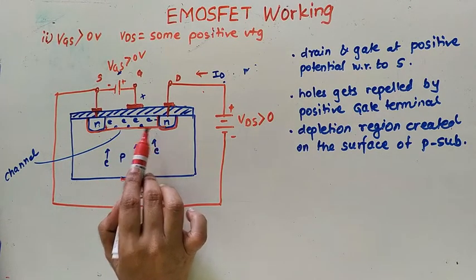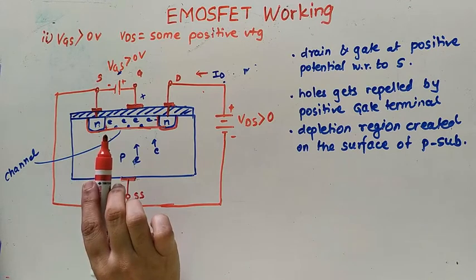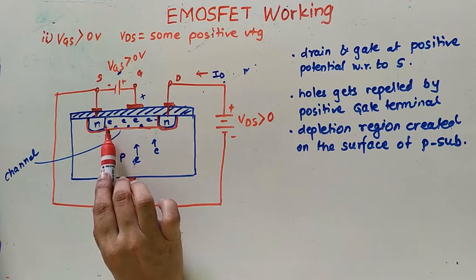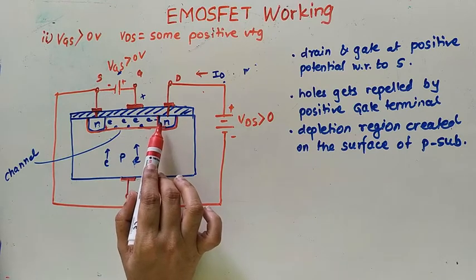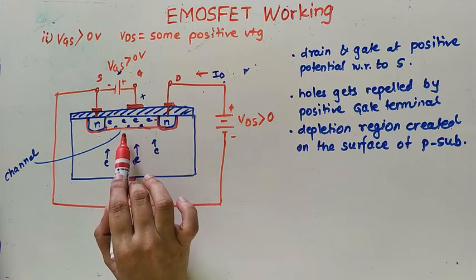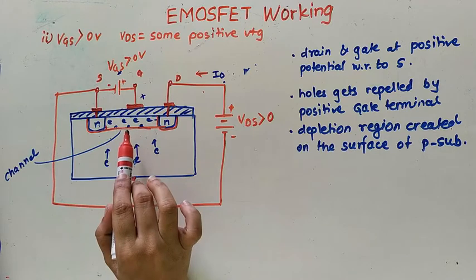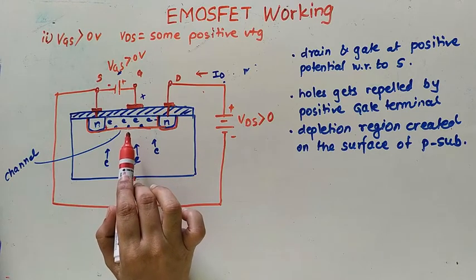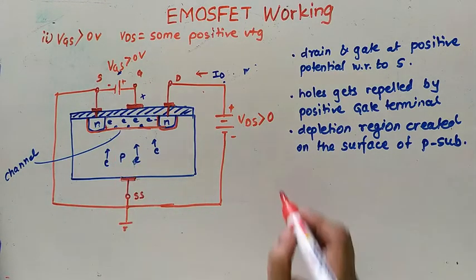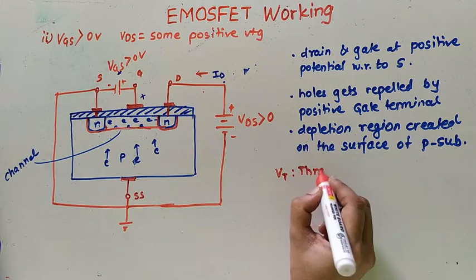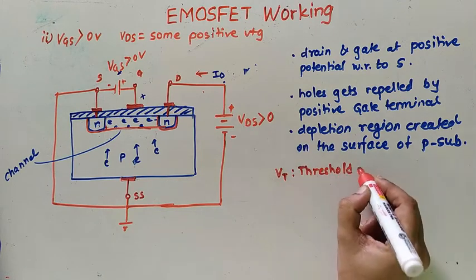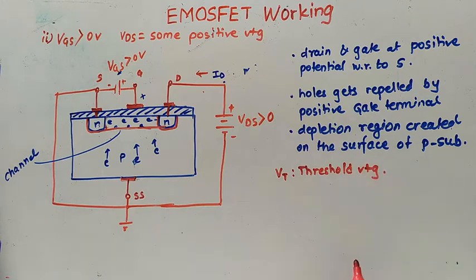The value of VGS for which sufficient electrons get accumulated and a significant increase in current occurs, that value of VGS is called the threshold voltage VT. So VT is the threshold voltage. And what is this threshold voltage?